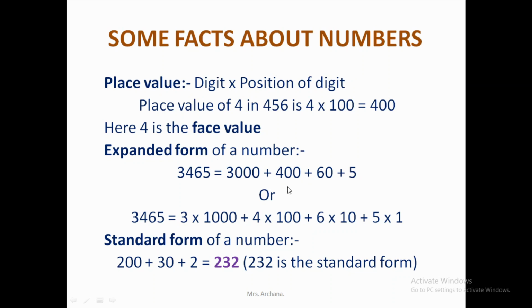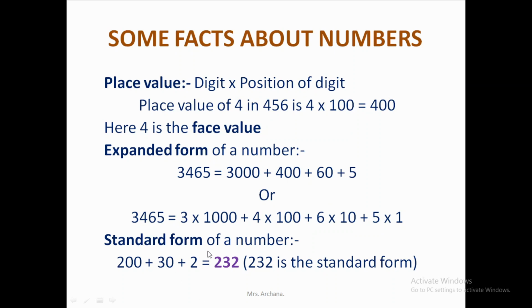We can write the same expanded form in another format also. That is, see here we have written that. 3 into 1000 is how much? 3000. 4 into 100 is how much? 400. 6 into 10 is 60 and 5 into 1 is 5. The same thing we can write like this also.